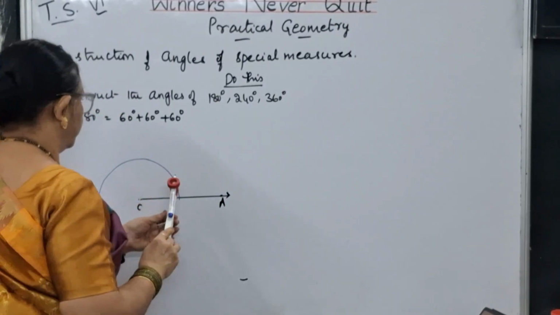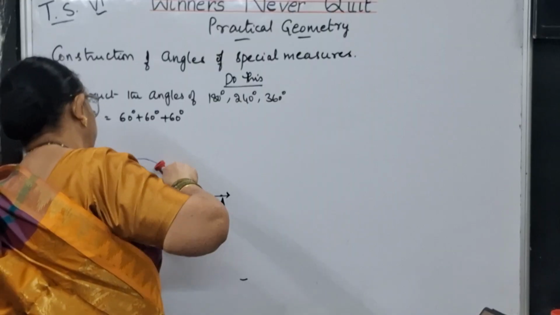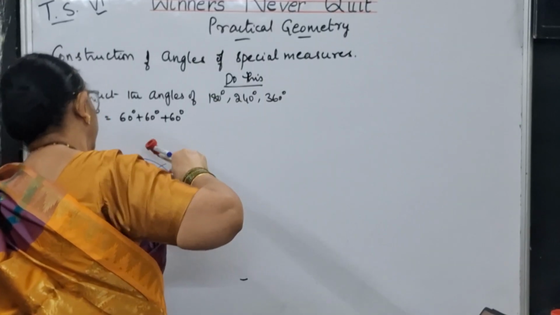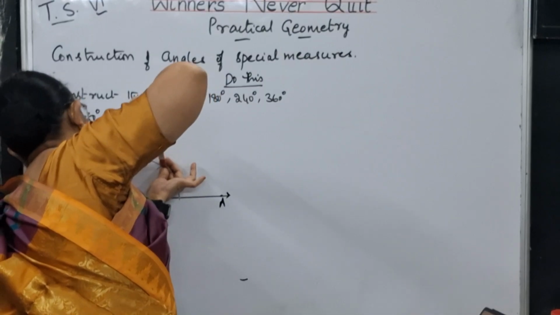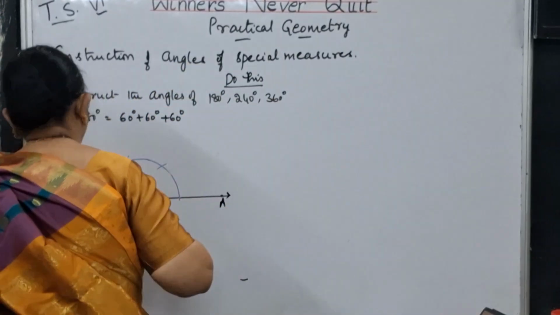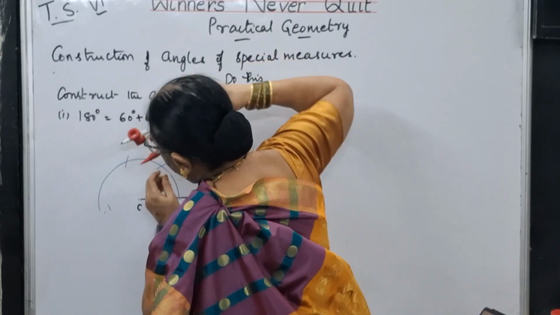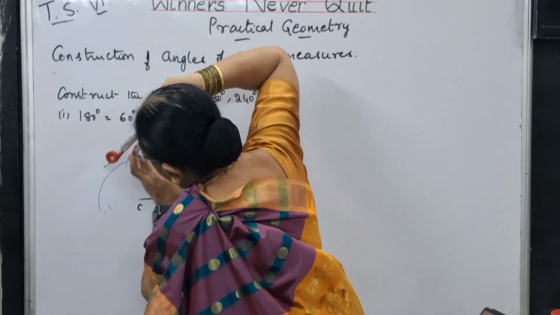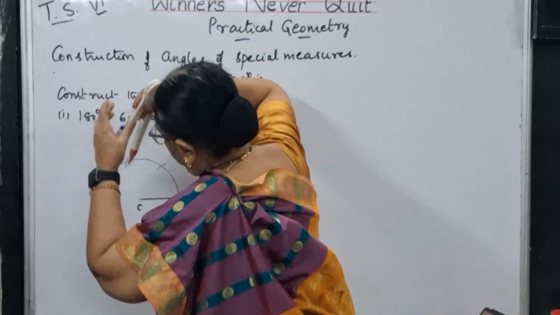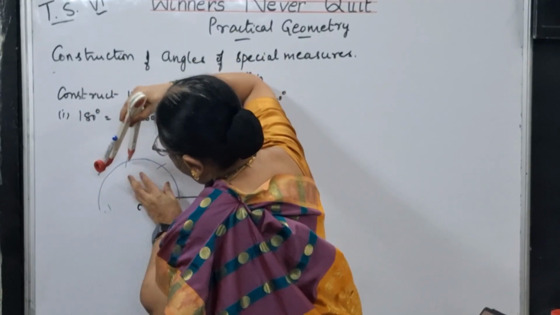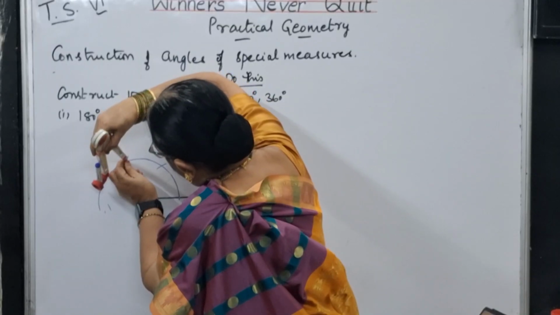Okay, now this point as a center, one arc. Again, this point as a center, second arc, and this point as the center, I should draw the third arc.